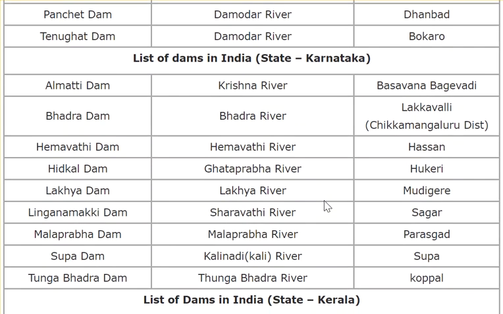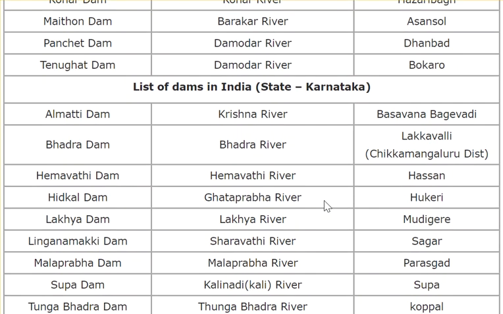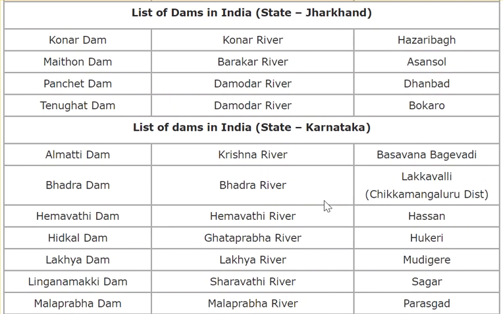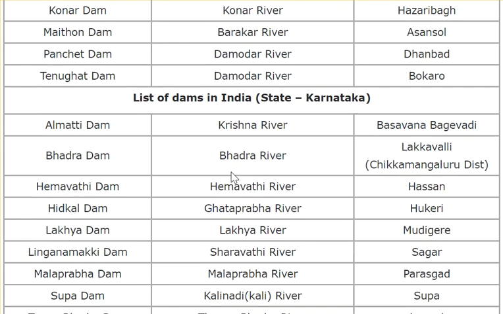You have to remember a few things which are peculiar, which are different, which are important. Just like there are two dams on Damodar River in Jharkhand: Panchet and Tenughat Dam.